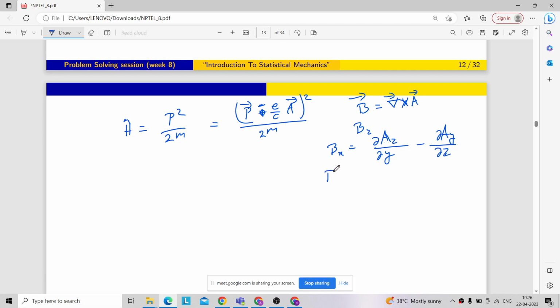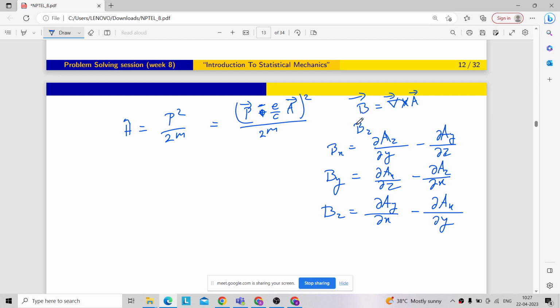So similarly By is del Ax over del z minus del Az divided by del x, and Bz is del Ay over del x minus del Ax divided by del y, right?